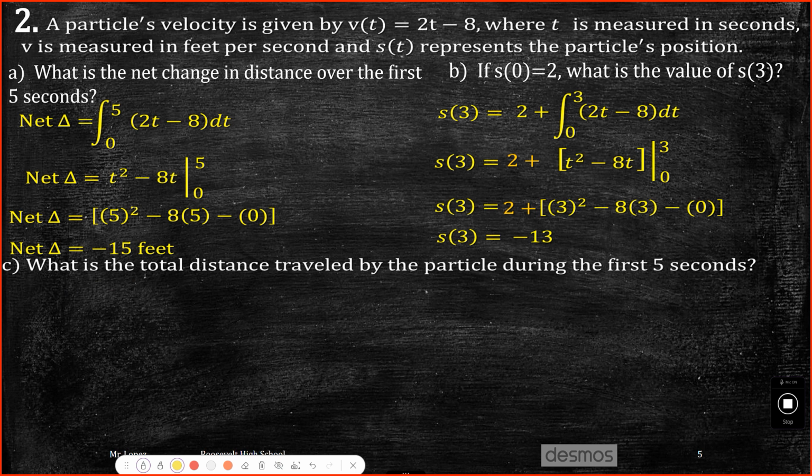I'm going to charge you for the total, not for that extra gas you wasted. Displacement is different. I'd pay you for the displacement: Fresno to Bakersfield is 200 miles, but you went 500. So, the total distance traveled by a particle during the first 5 seconds.